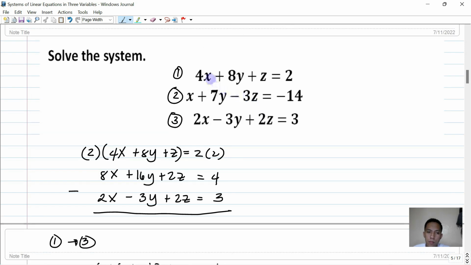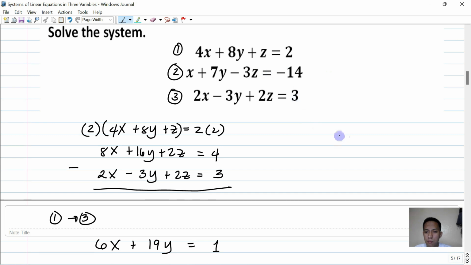Now, let's go to equation 1 and equation 2. So, sa equation 1 and equation 2, we can also eliminate z. Okay, pwede natin ma-eliminate z by multiplying 3 to both sides of equation 1 so that we can eliminate this z.